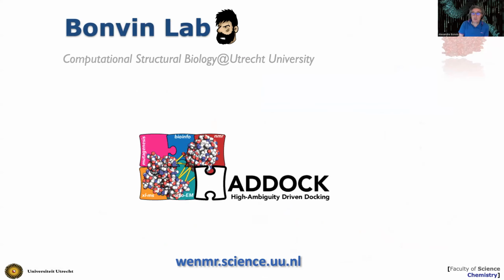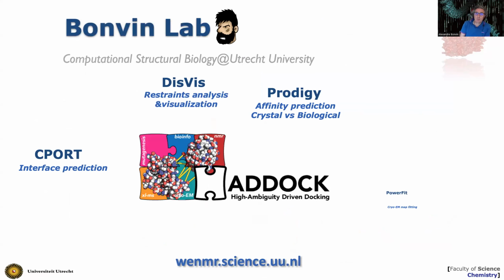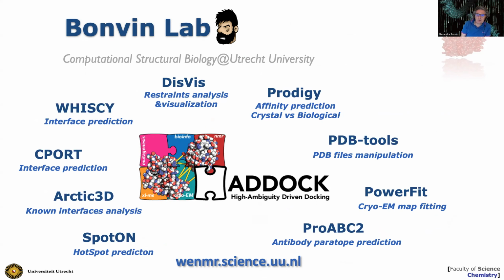So I spoke mainly so far about HADDOCK, which is our core project in my group, but over the years we have been developing many different types of software, some of which are related to the analysis of, say, cross-linking data from mass spectrometry, that's this. Some of them were more dealing with bioinformatic predictions, binding predictions, fitting the EM map at resolution.